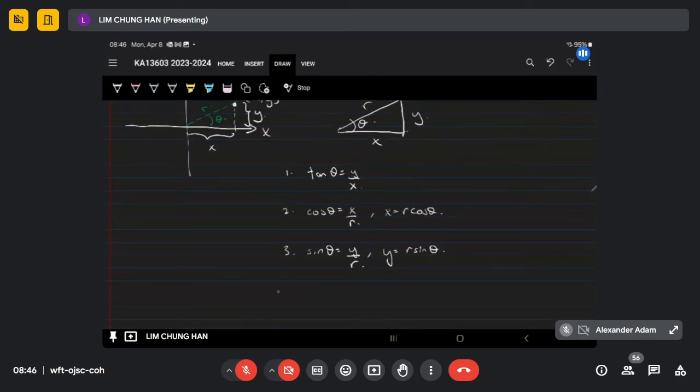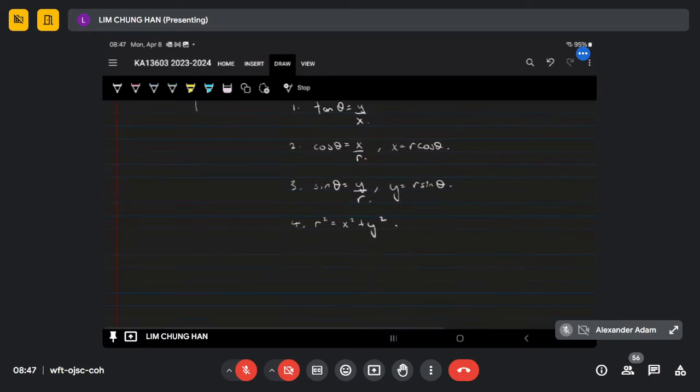And the fourth and final relationship is Pythagoras theorem. Hypotenuse squared equals x squared plus y squared. So you have these 4 relationships basically, and you can use them to convert between polar and Cartesian.